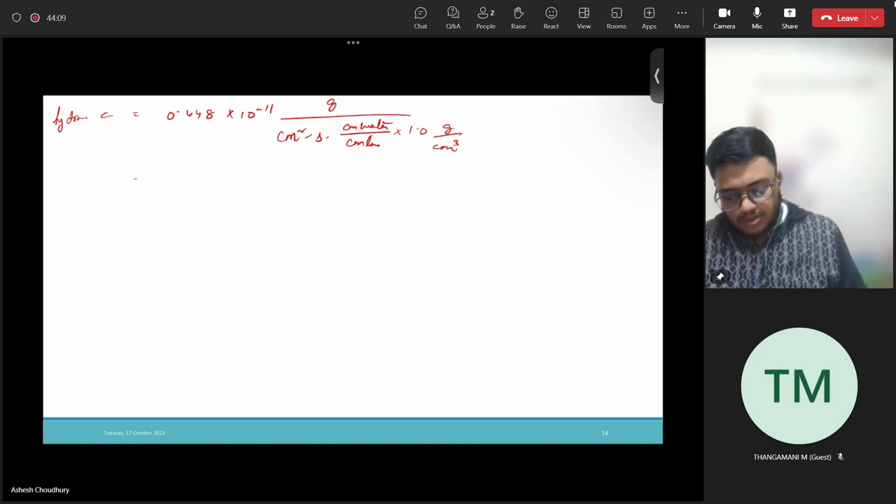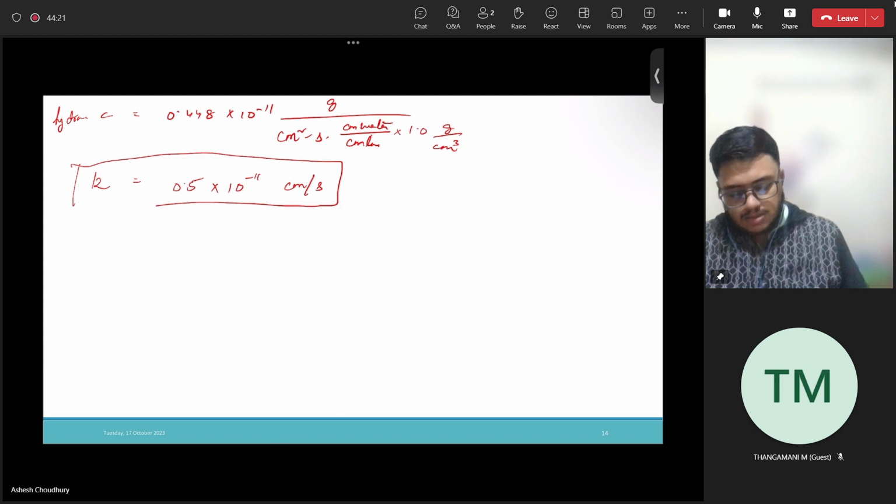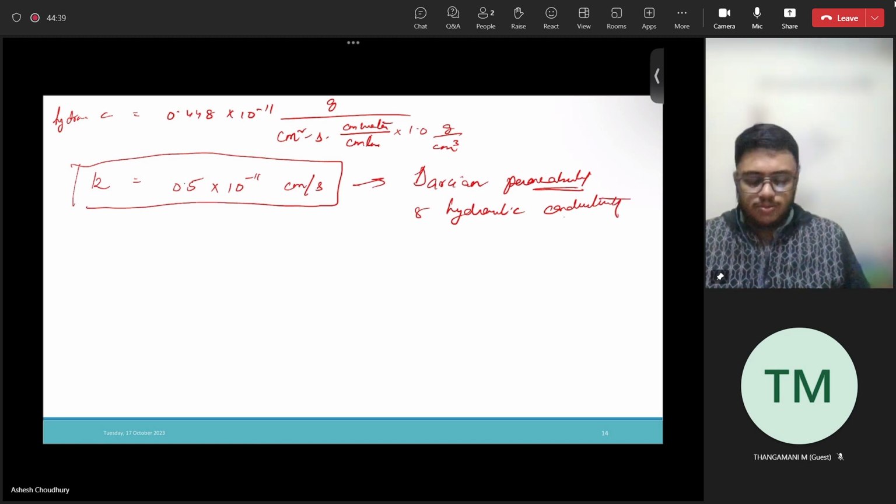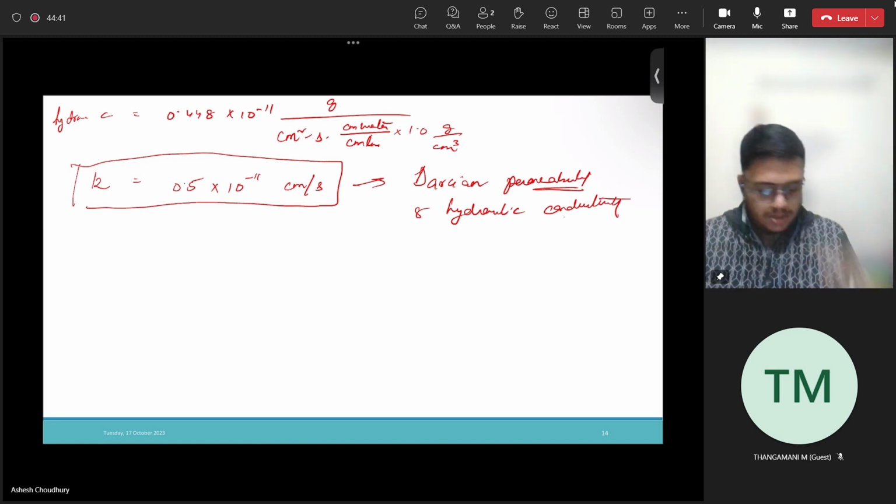So if we now cancel all the units, we will finally get K equal to 0.5 into 10 to the power minus 11 per second. So this is Darcian permeability or hydraulic conductivity. So just by manipulating the units, we reached here.